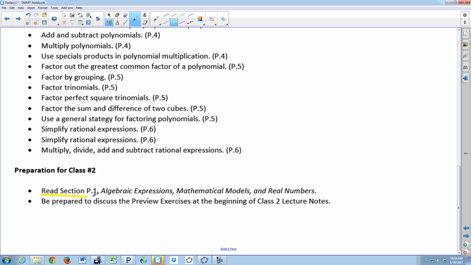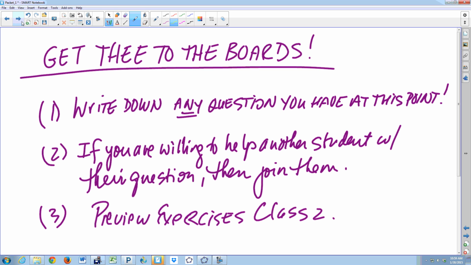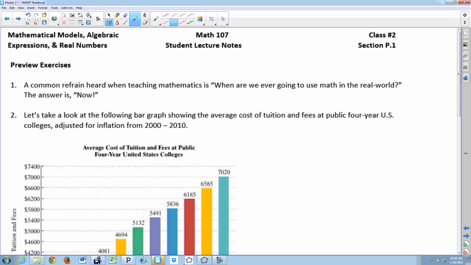Before you walked in here today, you were supposed to quickly read section P1 and be prepared to discuss the preview exercises at the beginning of today's class notes. And those preview exercises look just like this. So, want to read me this first one, number 1 here? James, want to read that for us?